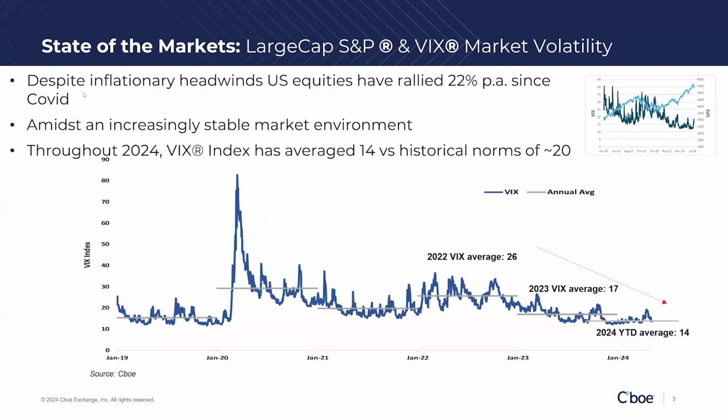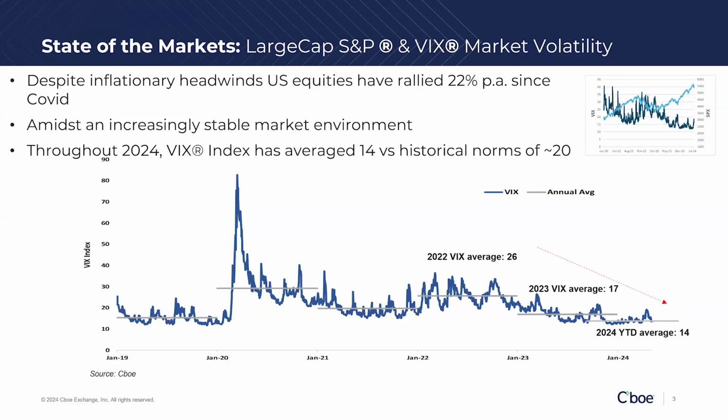All right. So to start off, I'm just going to give a quick overview of the state of the markets. Since COVID, we've had a historical run for S&P. S&P has rallied about 22% per annum since COVID, amidst an increasingly stable market environment. And when I say a stable market environment, I'm using the VIX to measure that.